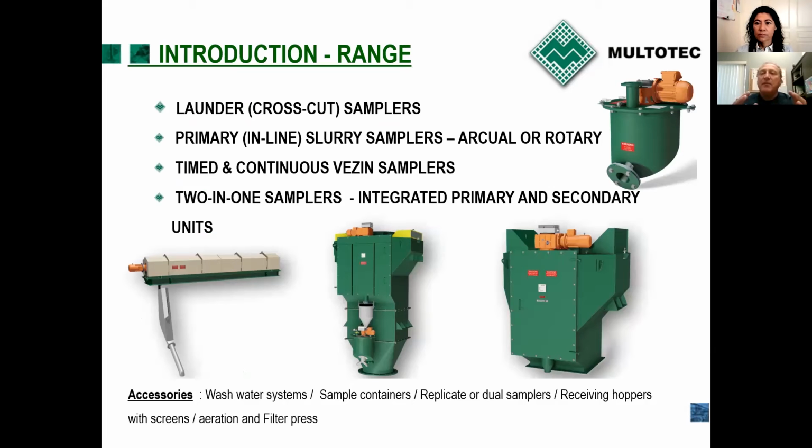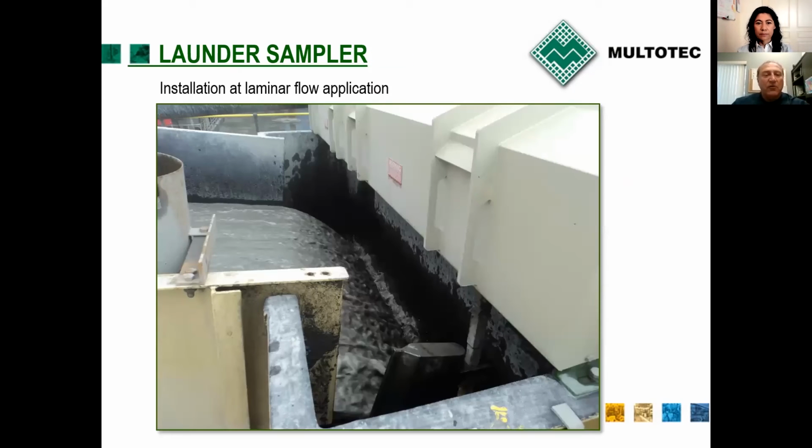We have various applications for various locations in the plant. Usually when we take a sampler at the beginning, we call that the primary sampler. A primary sampler is taking a sample, and I will give you an idea of what it looks like inside. For example, you see here we have what we call a launder sampler, which is taking a sample from a belt conveyor.